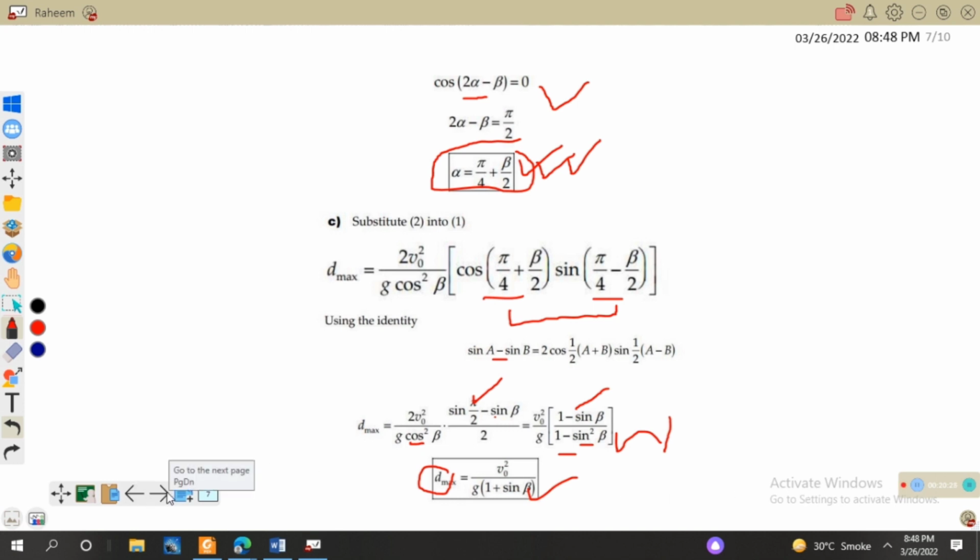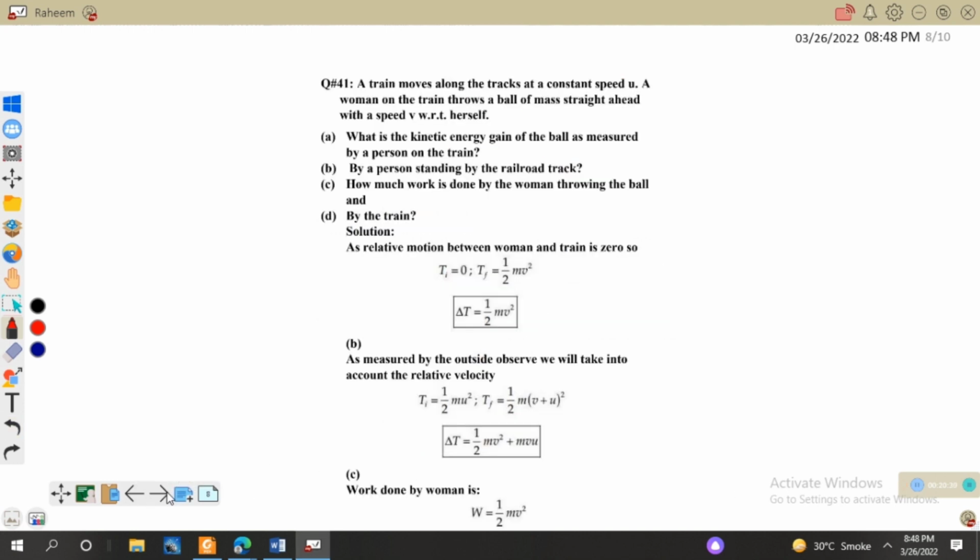Now let's move to another question, which is question 14 of the Marion book, which says that a train moves along the tracks at a constant speed u.